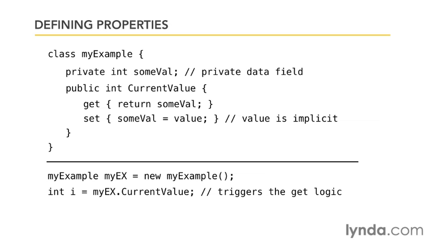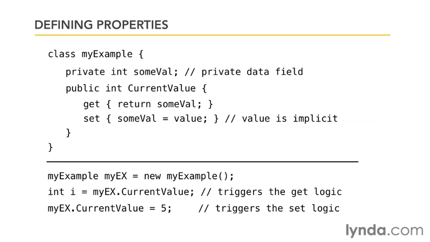It's just returning the value of that internal private variable. And if I wanted to set it, I would do this, myEx.currentValue equals 5, and that will trigger the set logic. And the value of that special value keyword there in the set logic would be set to an integer whose value is 5. And the C# language in .NET just takes care of all that for you. You don't have to declare some argument called value. It just magically shows up.